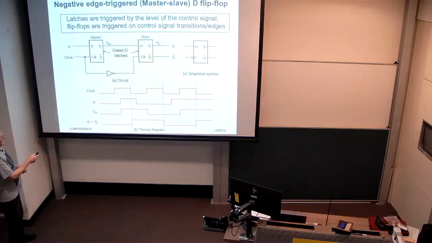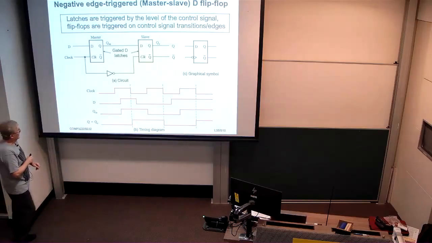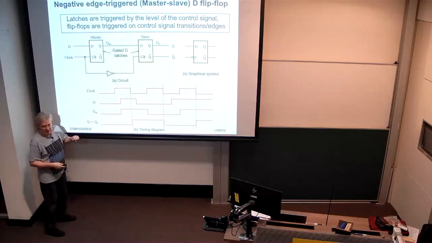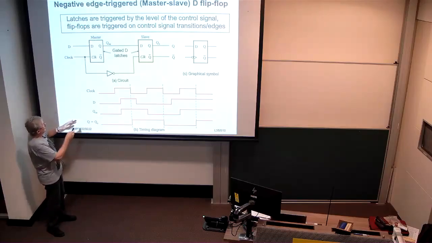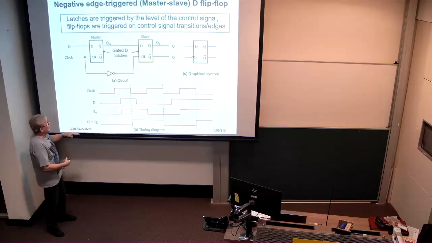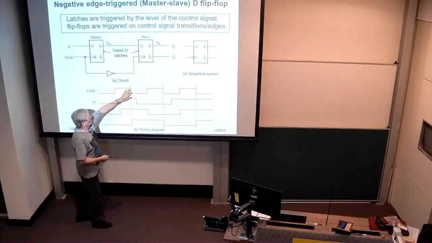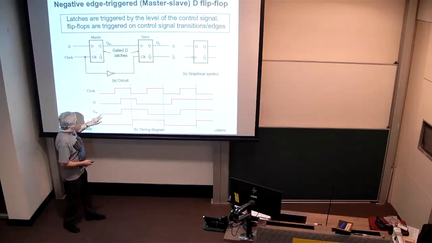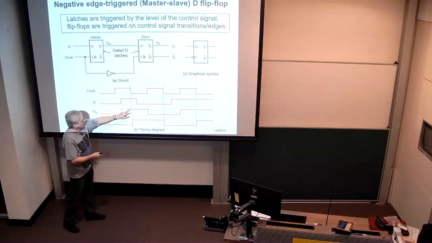So if we think about the master latch here, when the clock is high, this master is going to see whatever is on the D input. In fact, it's going to be transparent to it because it's the D-type latch here. So we see here in this first period, while the clock is high, D changes in the middle, and as a consequence, the output of this latch changes also during that period while the clock is high.